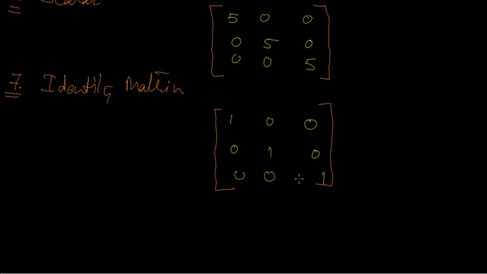This is the identity matrix. It is also a sub matrix of the scalar matrix, of the diagonal matrix, and of the square matrix. So here you see in the diagonal the value of all the elements is 1.